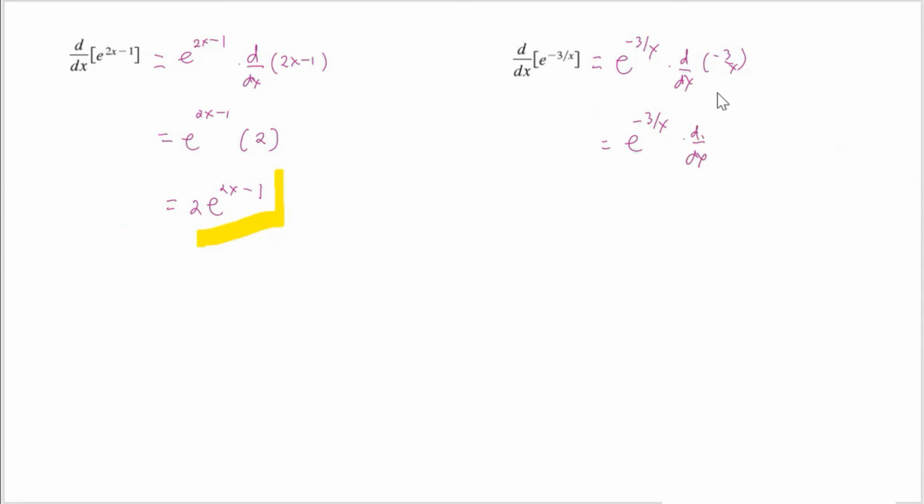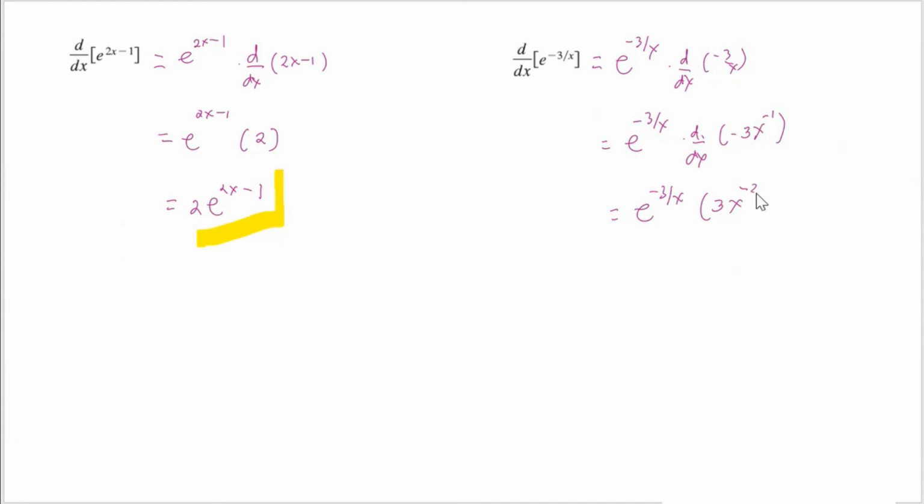So another way of writing the negative 3 over x can be written as negative 3 times x to the power of negative 1. Now, it's easier for us to take the derivative. Using the power rule, we can write e raised to negative 3 over x times negative 1 times negative 3, which is positive 3, x to the power of negative 1 minus 1 according to the power rule.